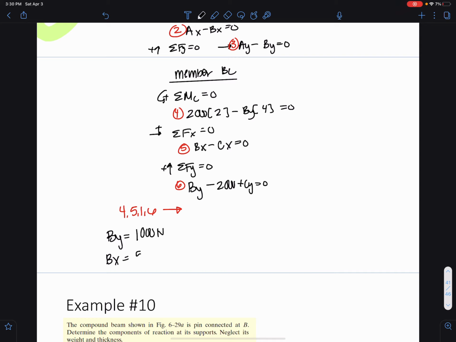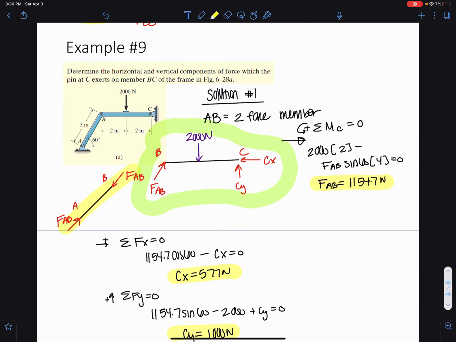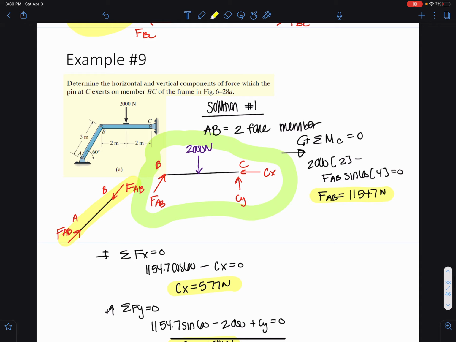Bx equals 577 newtons. Cx is equal to 577 newtons. And Cy equals 1,000 newtons. Okay, so they're the same answers we previously got in this method. Either method you choose, you should get the same answer as long as you are theoretically sound in the way that you're setting everything up.